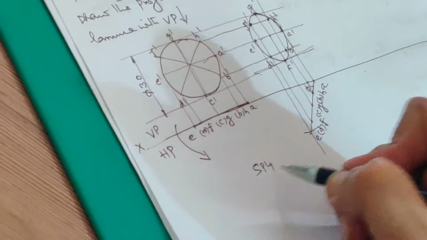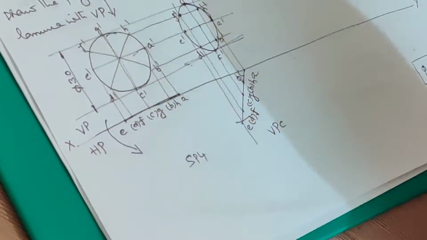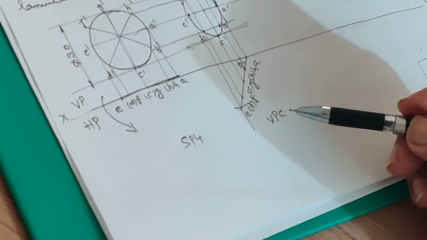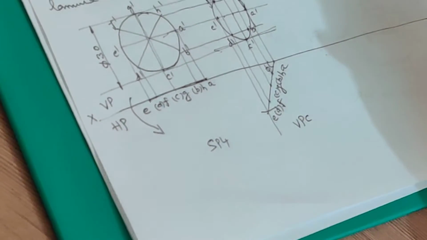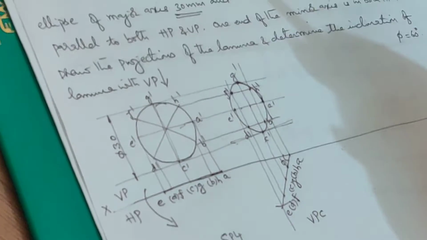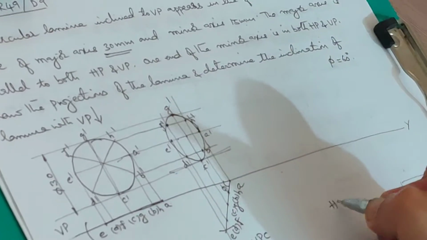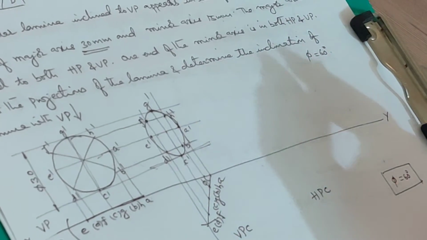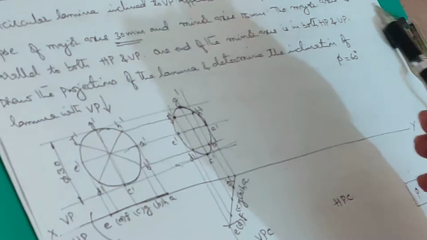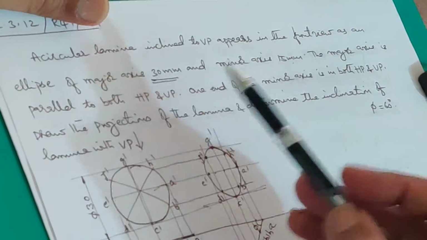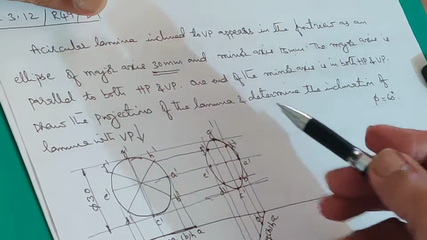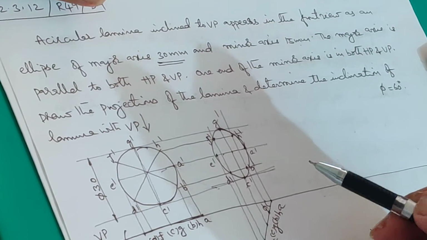This is SP4, this is VPC. You have satisfied the vertical plane condition. Now what is the HPC? What is the horizontal plane condition? It is given that the major axis should be parallel to both HP and VP. G dash, C dash, that is the major axis.